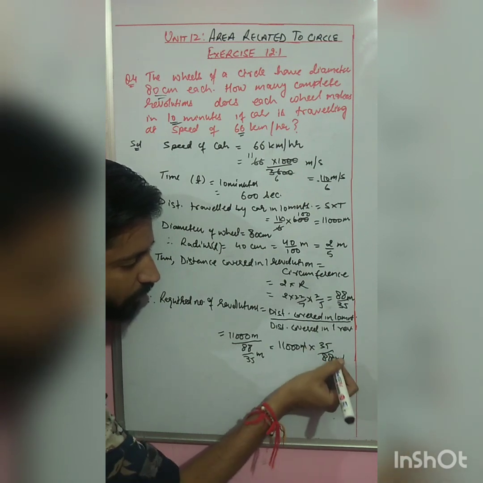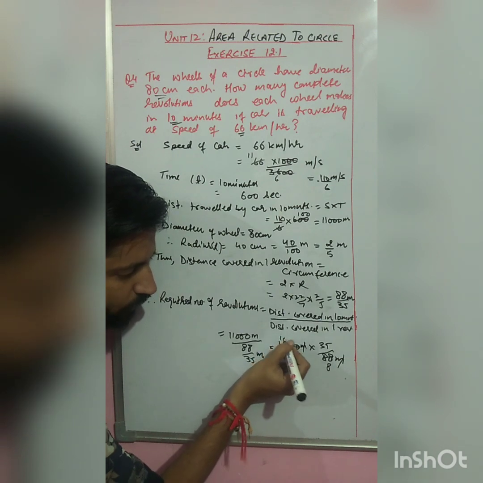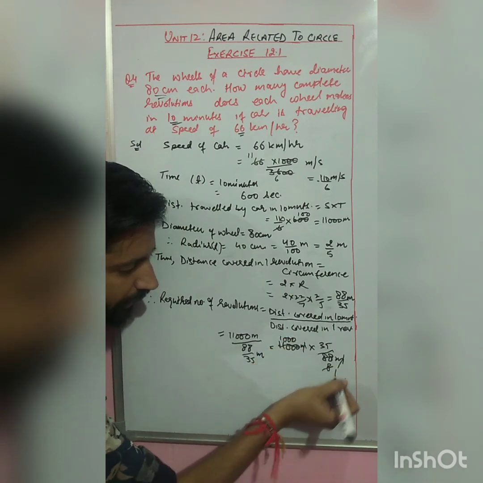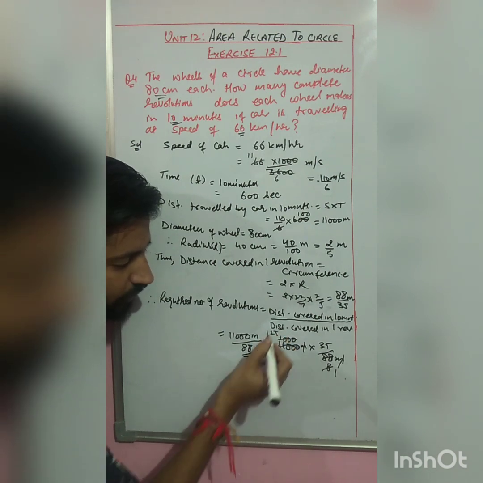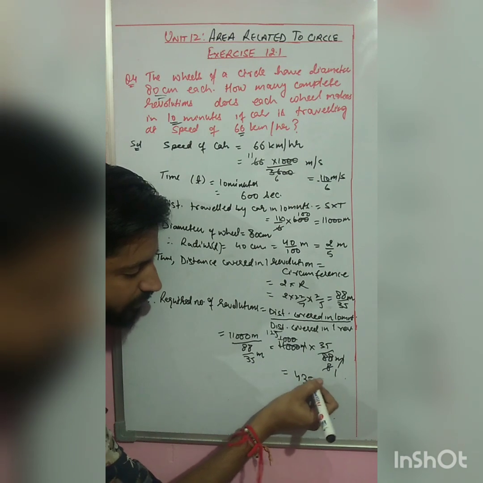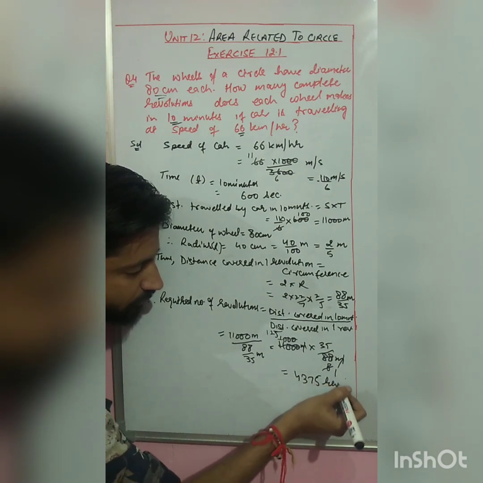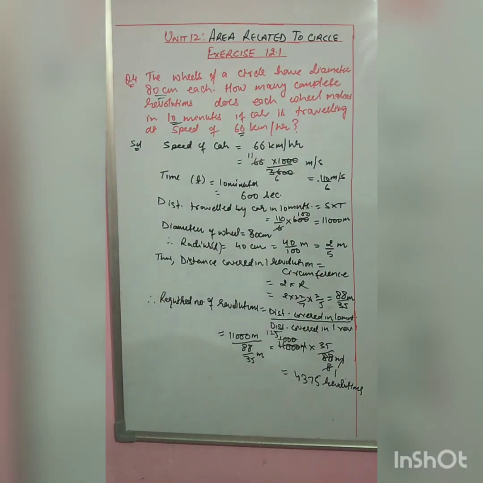Meter gets cancelled out. 11 into 8, 11 into 1000. 8 ones 8, 125. So when we multiply 125 into 35, we will get 4375 revolutions. So the required answer for this question is 4375 revolutions.